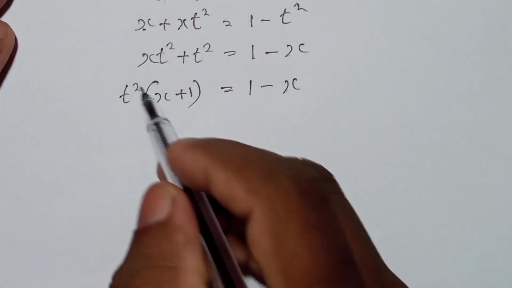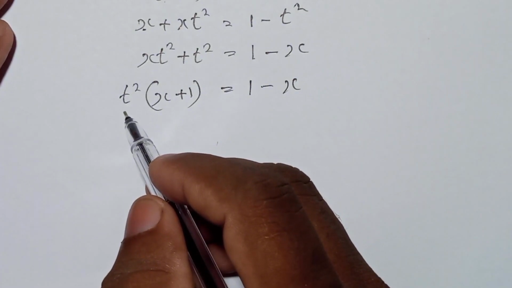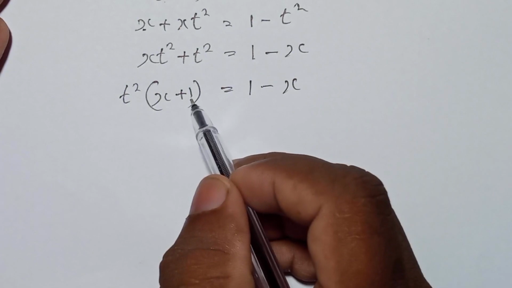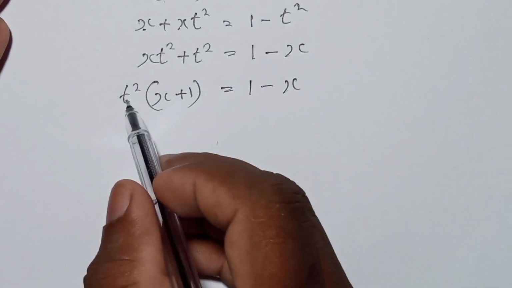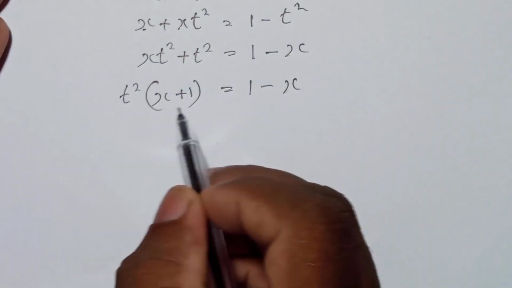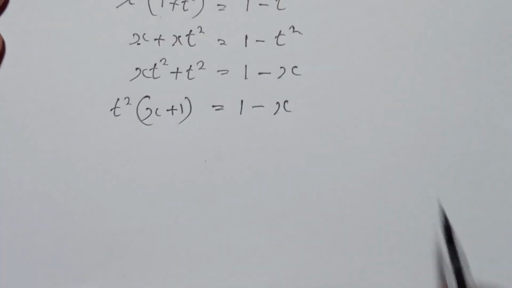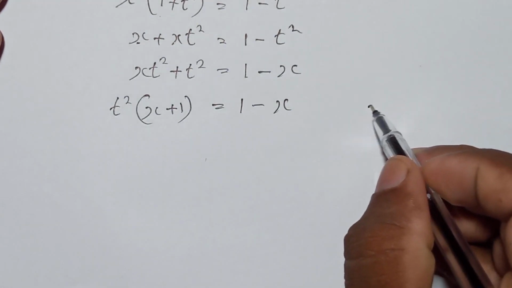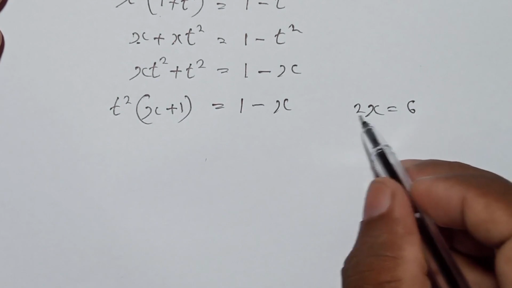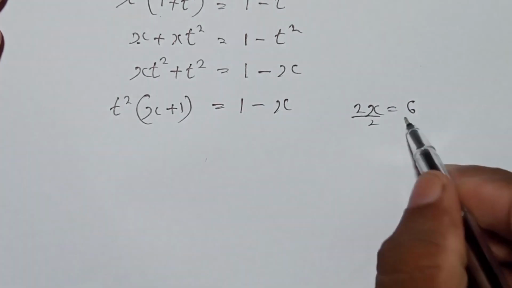Now I need to make t the subject, right? So what we need to do is try to remove x plus 1. Now you can think here x into y. So to remove y, you need to divide both sides by y. Normally you know this, when you have 6 or something and you need to remove this 2, what you do is divide both sides by 2.